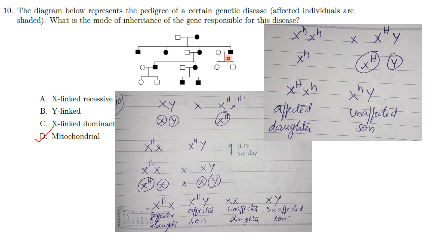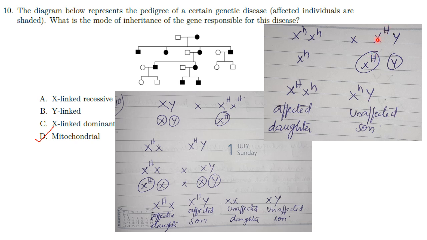So it is not the case of X-linked dominant. Now if you see this condition over here, this is the father who is affected with the X-linked dominant condition, and the female is unaffected. The father has only one X chromosome, so naturally he will be affected.